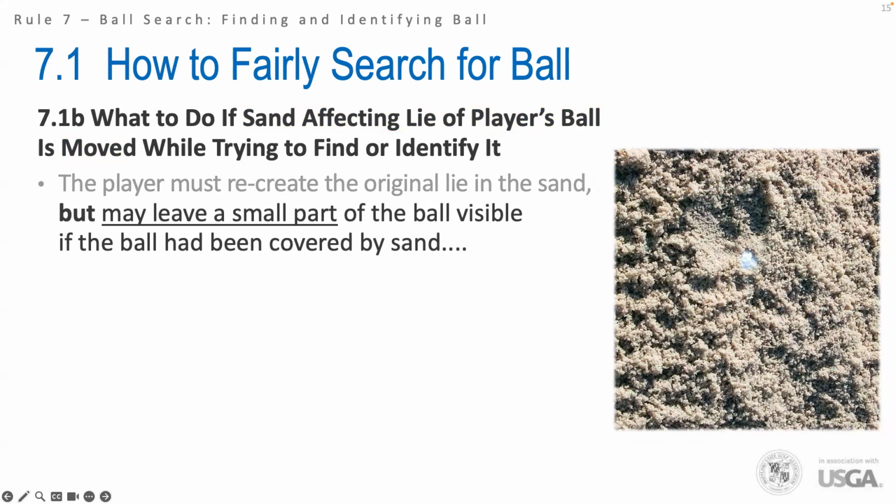Maybe all of a sudden you're searching for it, and then you find it, but you've removed a lot of that sand that was covering it. You're going to need to recreate that lie. So you're going to need to literally cover back up your golf ball, but you can leave a little bit of that golf ball showing so that you can see where it is.